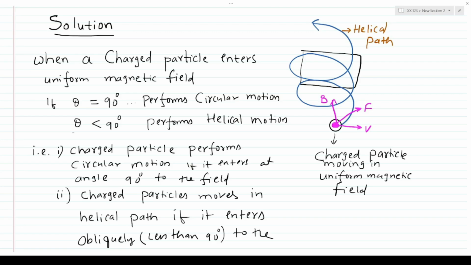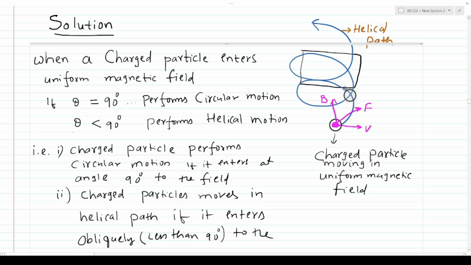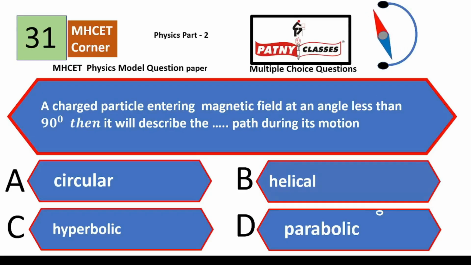That is, charged particle performs circular motion if it enters at angle 90 degrees to the field, and it performs helical motion if it enters at less than 90 degrees, that is obliquely. It will move like this, helical motion. Therefore, option B is correct option. So we lock option B.